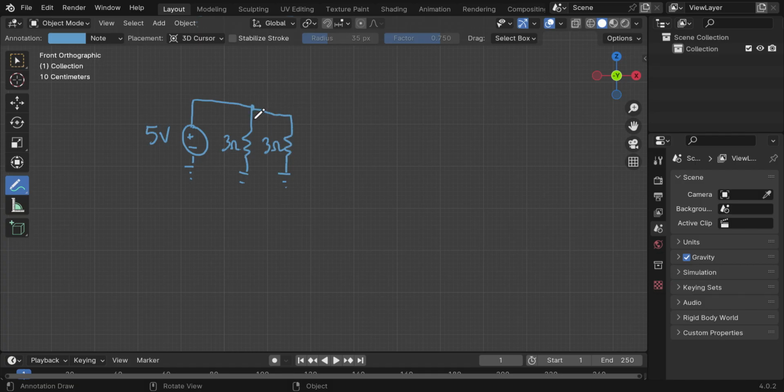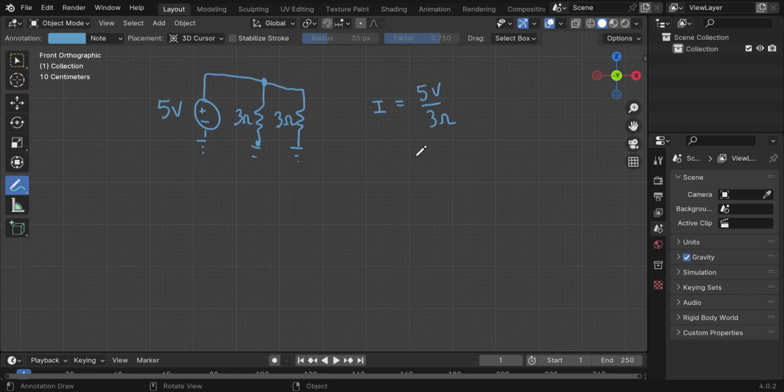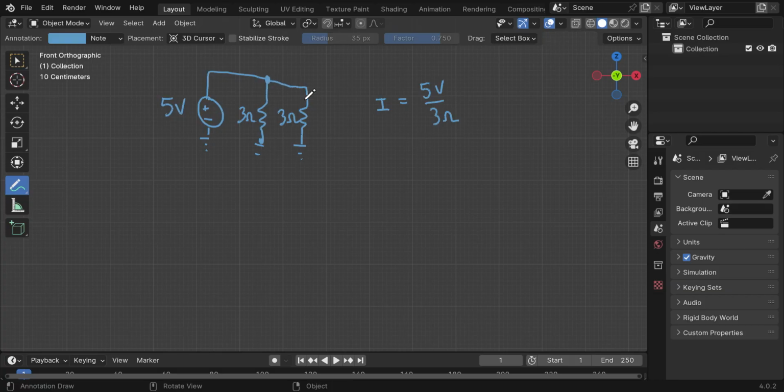If the voltage drop from here to here is 5 volts, the current through this resistor is going to equal 5 volts divided by 3 ohms, and the current through this resistor is going to be the same value, because you're still reading across a 5 volt drop across a 3 ohm resistor.